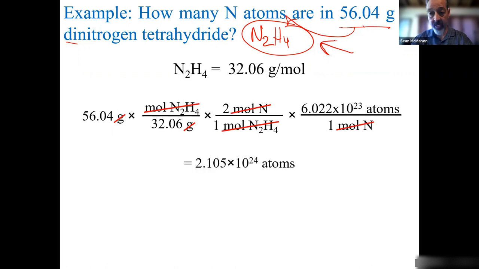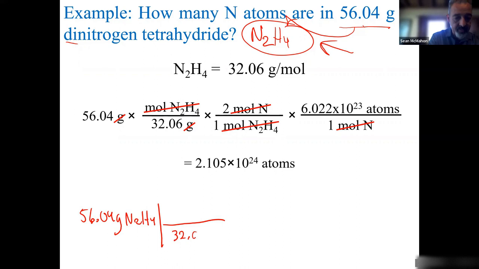Now, there is another way to do this, and it's not wrong at all. In fact, I'm weird. I kind of like the unorthodox way. I like to say, all right, I have 56.04 grams of N2H4.